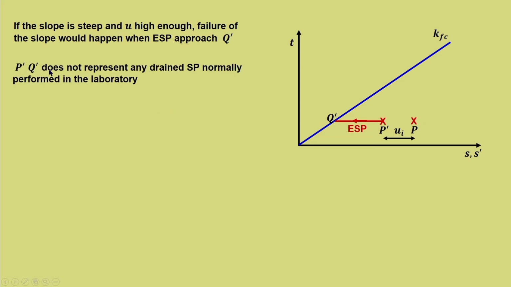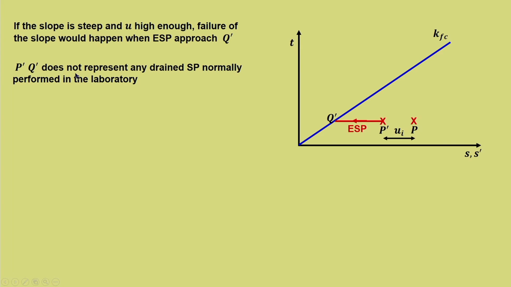P dash Q dash does not represent any drained stress path normally performed in the laboratory. This is why we are discussing this in that much detail. Now, whenever we want to do a slope stability analysis, we need to have the shear strength parameters. If the soil is brought to the lab, we normally do a triaxial compression test.